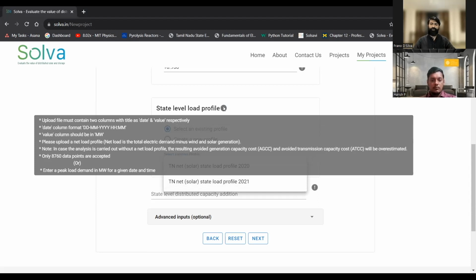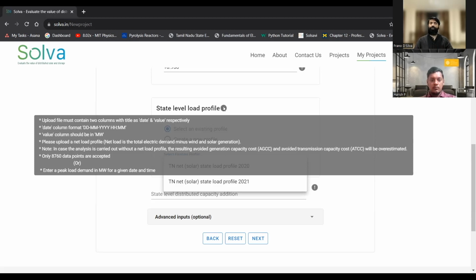To get an accurate value of these two avoided costs, we suggest that you upload a net load profile, that is your total load minus wind and solar generation existing in the state.